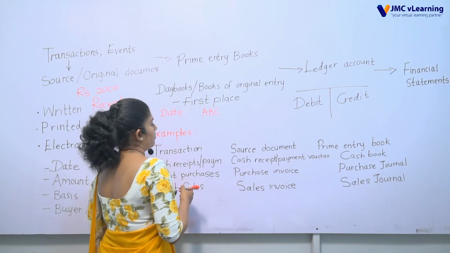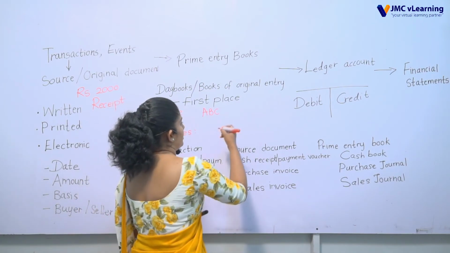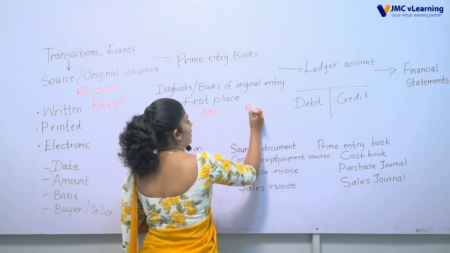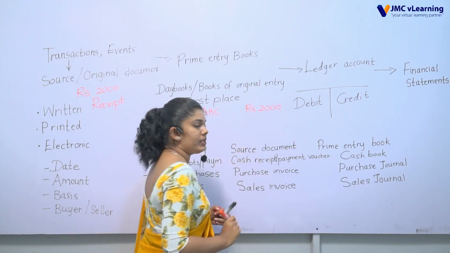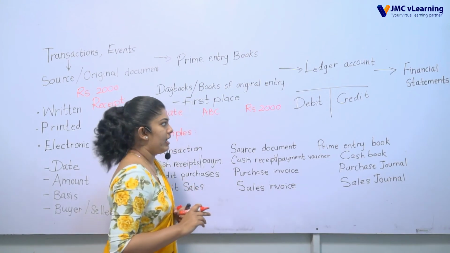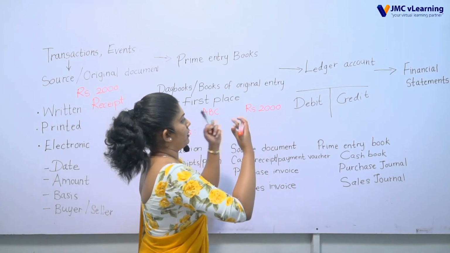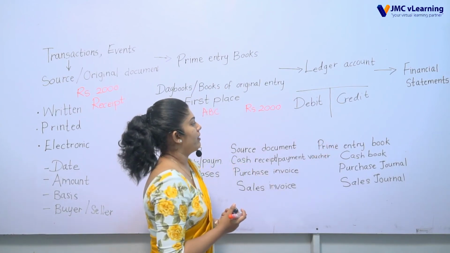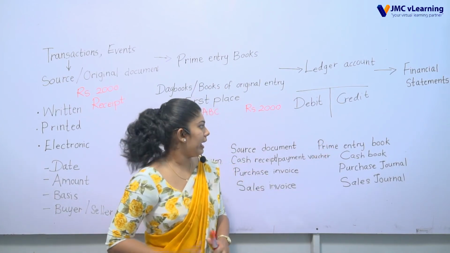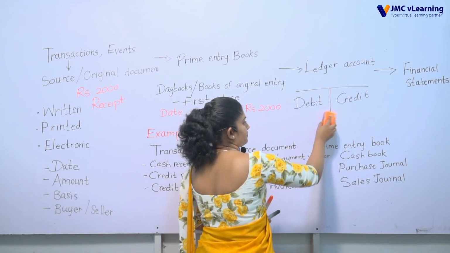ABC company is paying me this much amount. ABC company, I received 2000. I post an entry like this, and after that I go to ledger accounts and I open up separate ledger accounts.